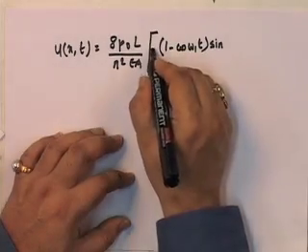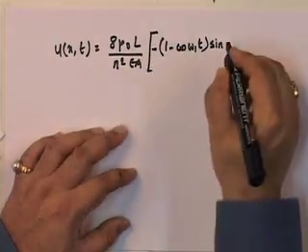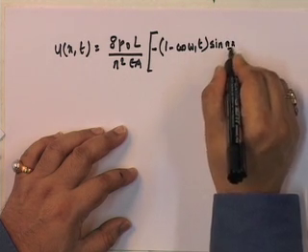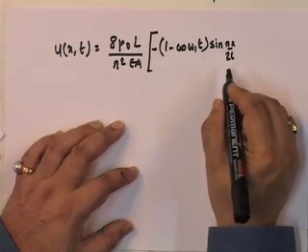So, since it is a downward force, it is minus into sine pi x upon 2L.